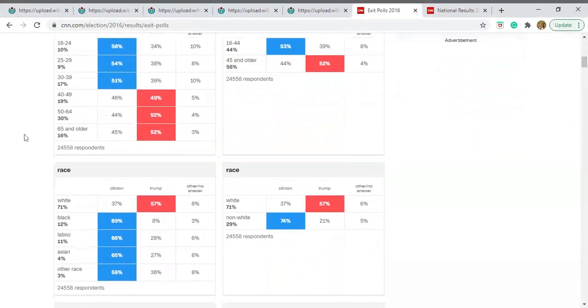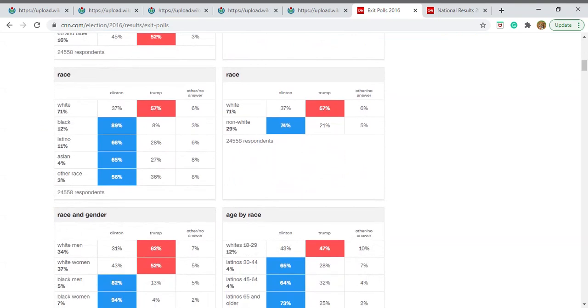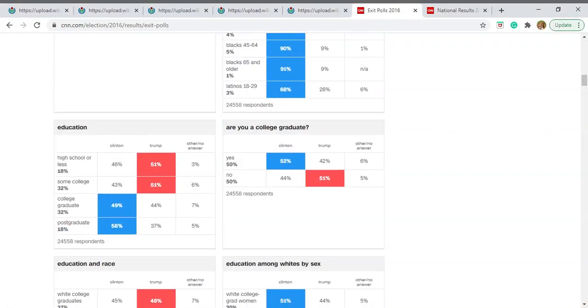Now, I don't have the 2012 exit polls up, and if you don't know what exit polls are, they're when people with media companies will stand outside voting locations, polling places, and ask people about their demographics and who they voted for to get a good idea of how each demographic group voted.